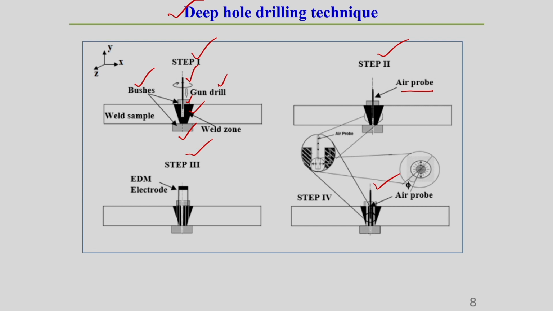So, the air probe is a mechanical type of device, you can say. Let us say it is made of some steel type of material. It looks like this.